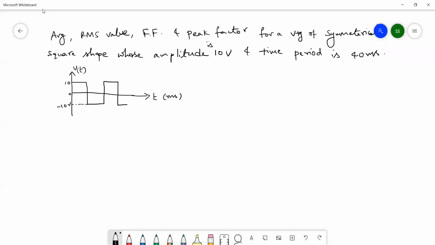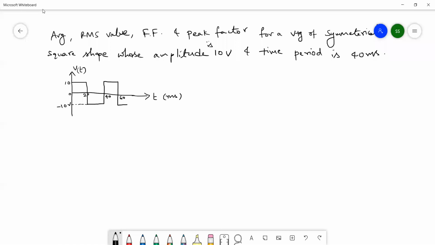The x-axis values 20, 40, 60 and so on are in milliseconds. Now we need to find the average value of the given wave, the RMS value, form factor, and peak factor. So will you people do this?